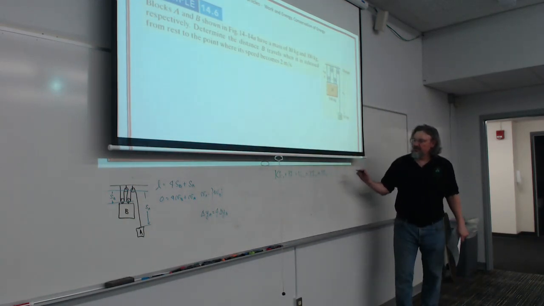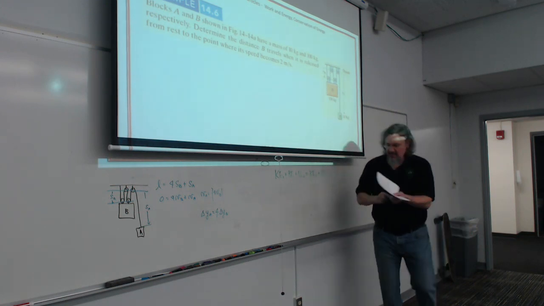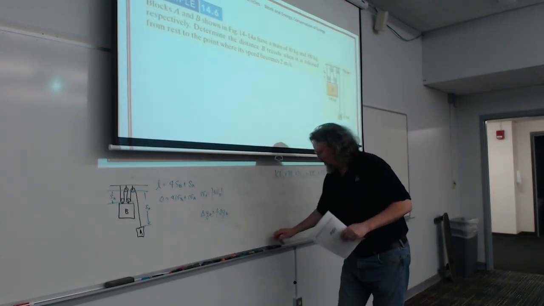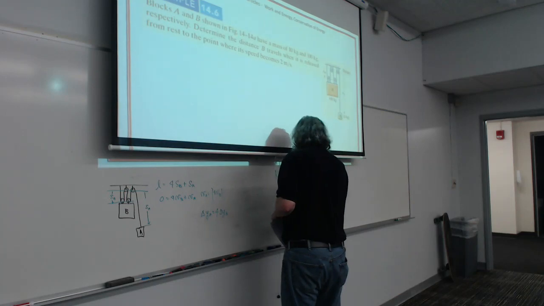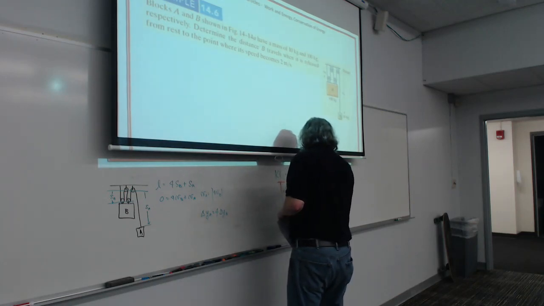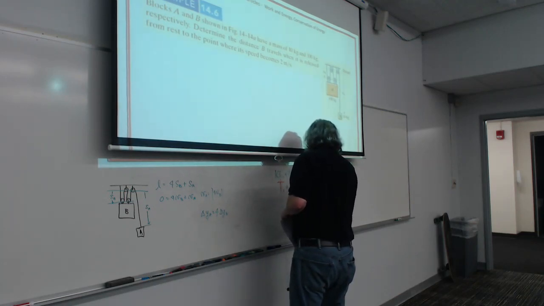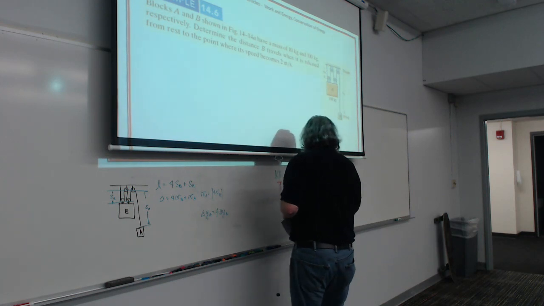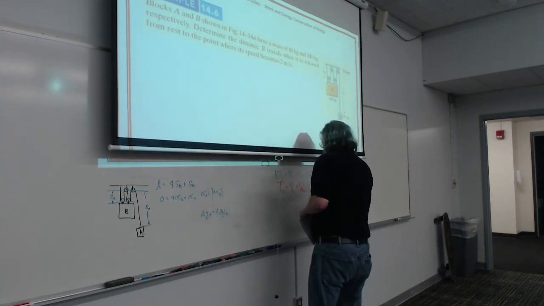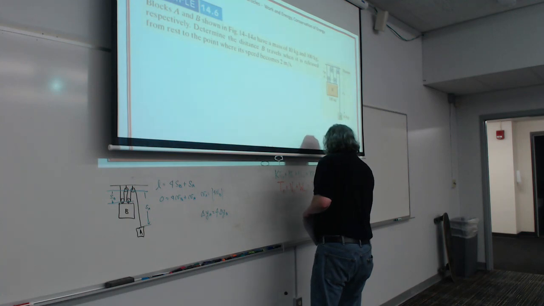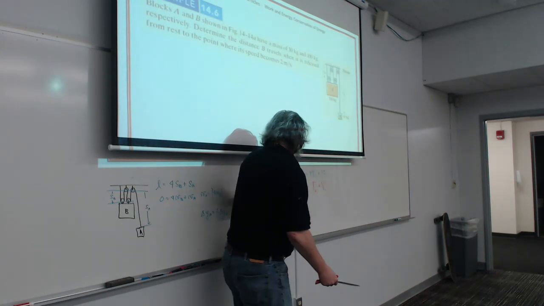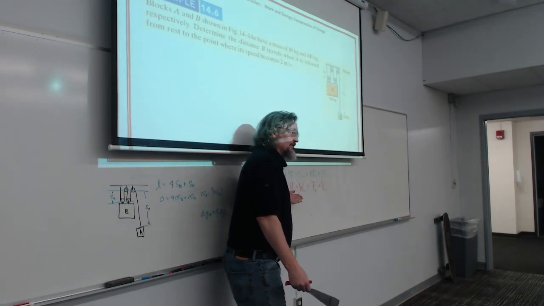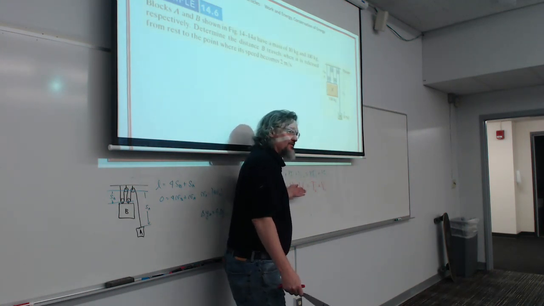Be aware that the textbook, I told my class, but the other classes might be using something else. This is done in the textbook. They go T1 plus big V1 plus, I think they use W, I can't remember, equals T2 plus V2. I decided years ago that I don't like these symbols for the kinetic energy and the potential energy.